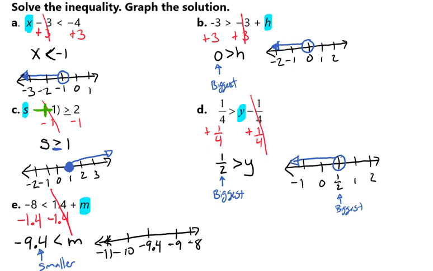We're going to have an open circle at negative 9.4, but negative 9.4 is the smallest number. So our arrow is going to point towards our bigger numbers.